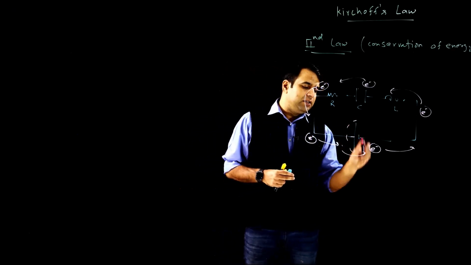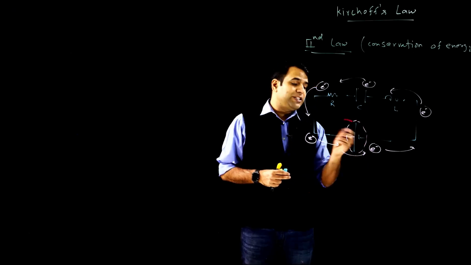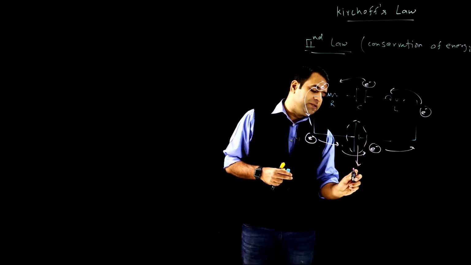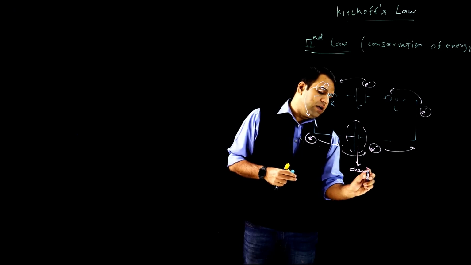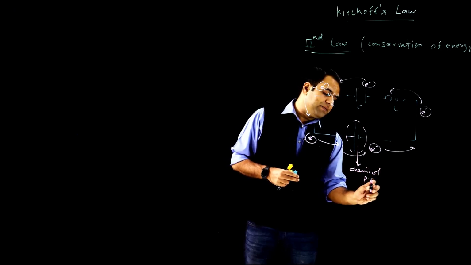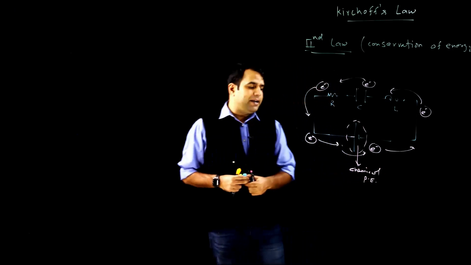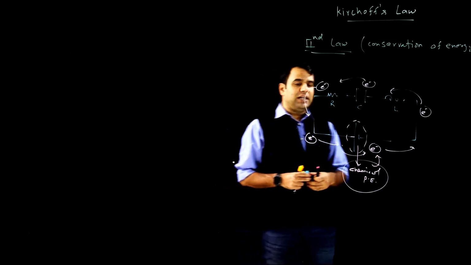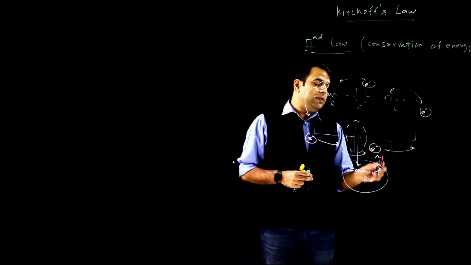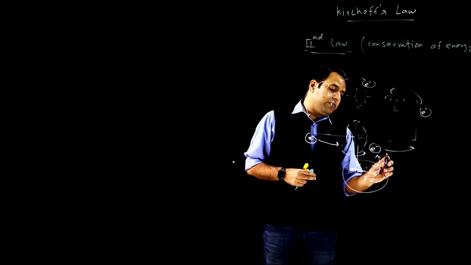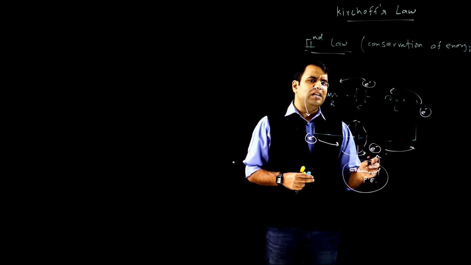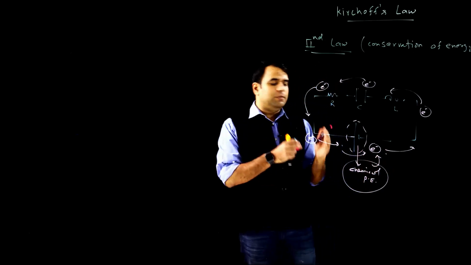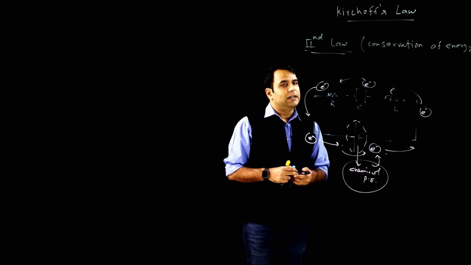The battery has chemical potential energy. This chemical potential energy of the battery gets transferred to the electron, and gets converted into the mechanical energy of the electron. Mechanical energy is a combination of kinetic energy and potential energy.